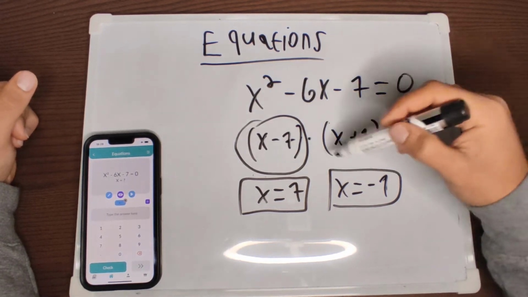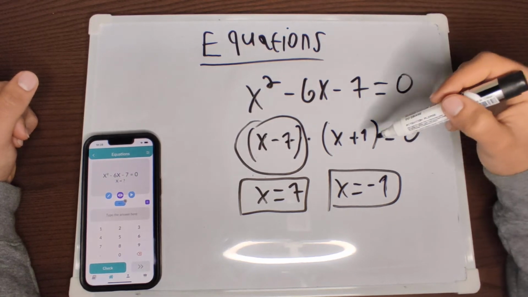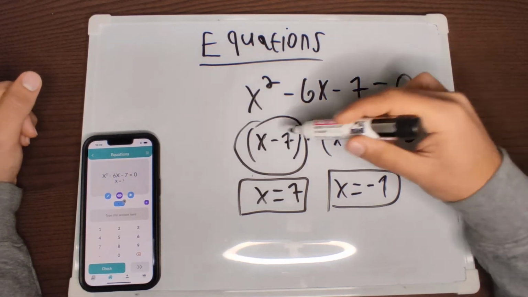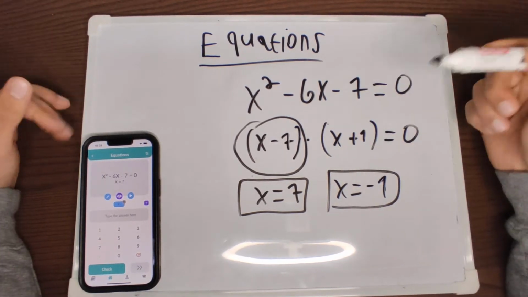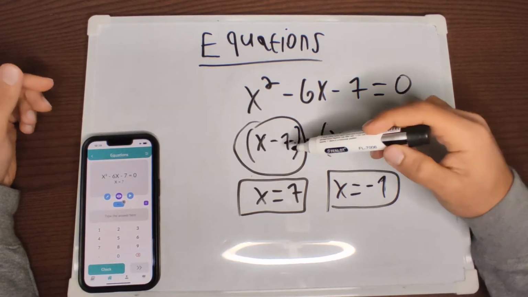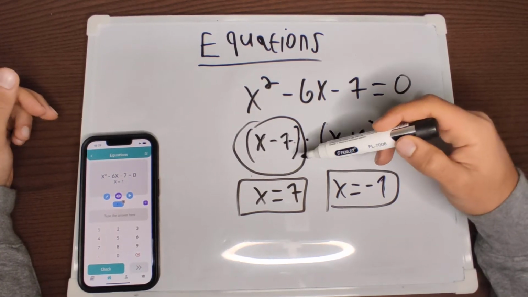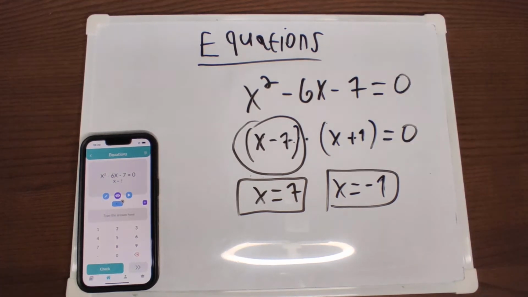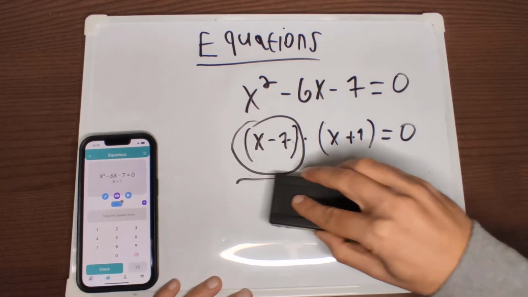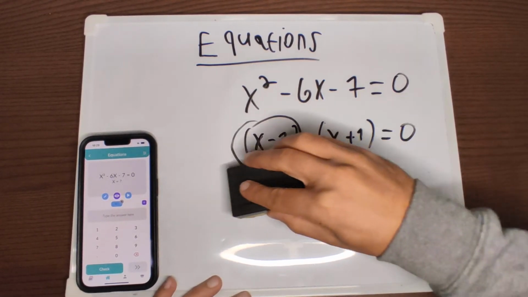So to solve the equation where we have expression multiplied by expression equals 0, we just need to check when any of them is 0. And how did we do it? We calculated it in our head. When x minus 7 is 0, when x is 7, so 7 minus 7 is 0, and also here. So we can solve this type of equation very easily.